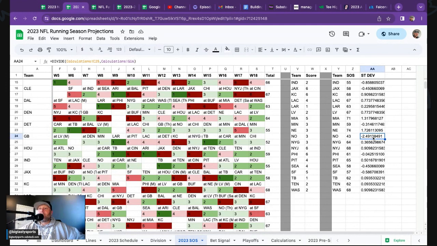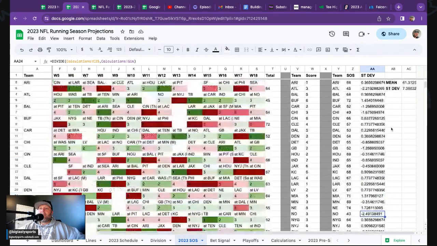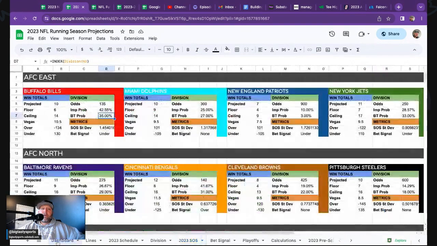Oh, yeah, that is New Orleans. New Orleans is at -2.49. These two teams far and away have the easiest schedules based on my projections. No other teams are even at a -2. So in comparison to the rest of the league, you can really get a sense. So this is where in the dashboard the strength of schedule standard deviation is coming from.